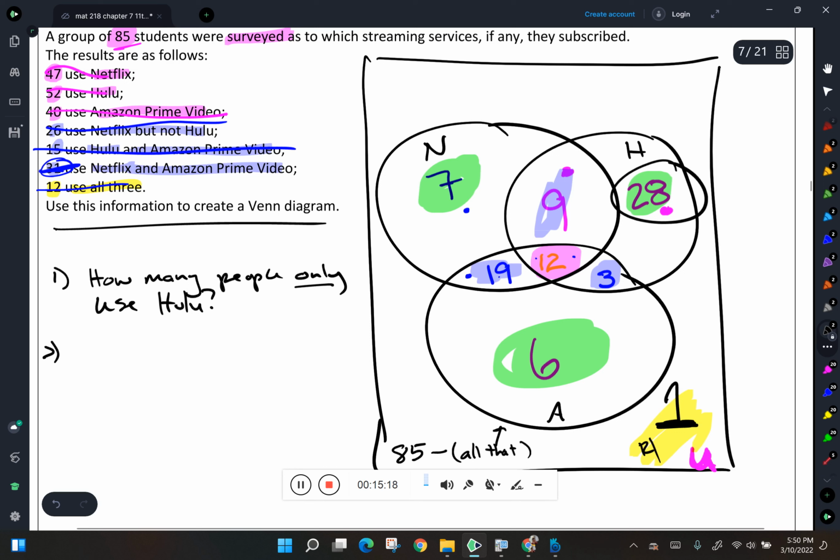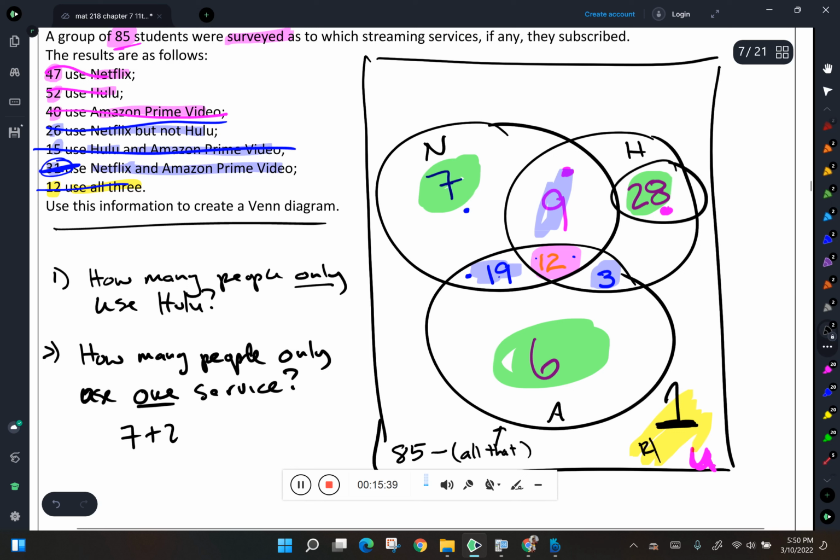Or how many people only use one service? And then to get that answer, we're going to have to take that 7 plus that 28 plus that 6 and add them together. Because those green numbers are the people who only use one service. Yeah, that's where this is going.